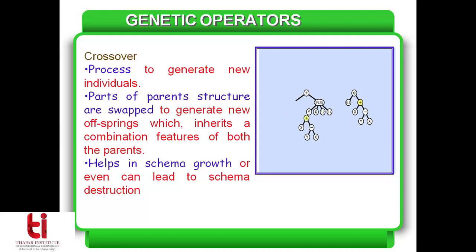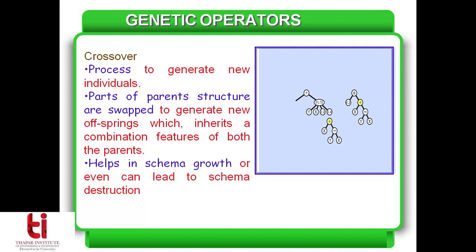The two individuals or members which are selected for performing the crossover are called parents. Whereas after performing the crossover, whatever resultant chromosomes or individuals we get are known as your offsprings.